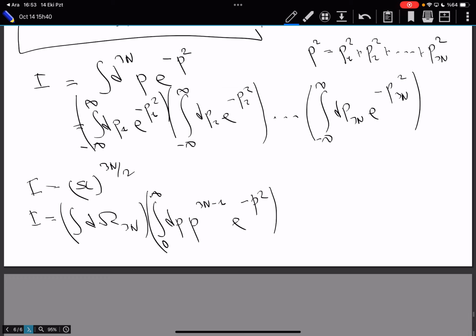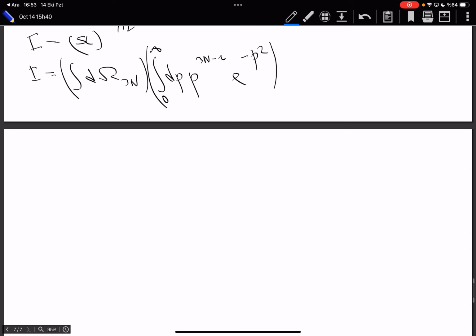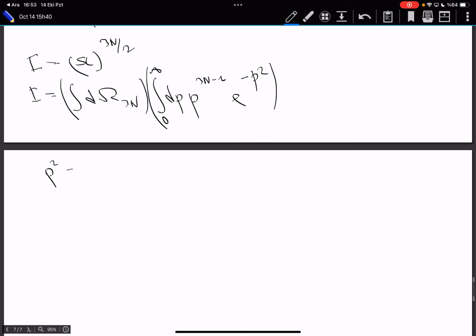Let me make a change of variables. Let me call p squared some other symbol x. The reason why I'm making this change of variable is this: I know the result of this integral. This is the definition of the gamma function. For integers, it's just a factorial. I already know the result.